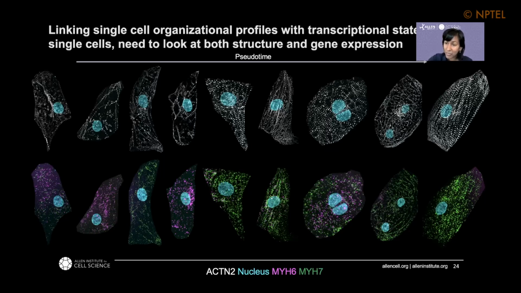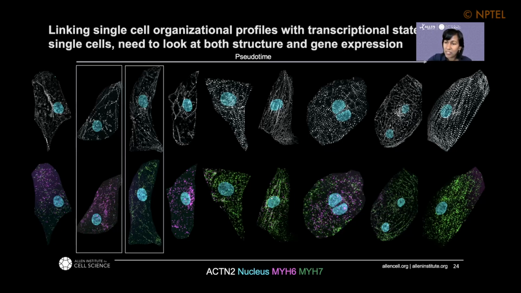So what we expected is to see it go from pink or magenta to green to the right, if the gene expression changes were associated with structural organization changes. And you can see, yes, maybe it's changing a little bit from pink to green, but there are cells here that look very disorganized that have the older gene. Most of the cell has the older gene expressed.